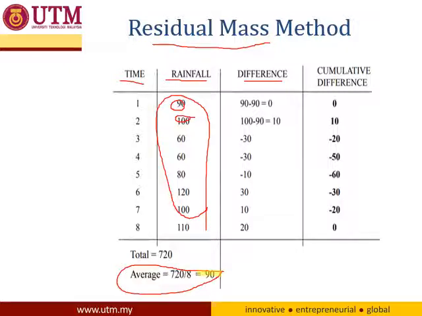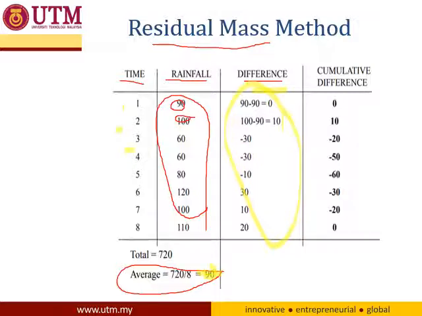This is the average of all the data. Next, you calculate the difference between each rainfall depth and the average. So here you get the difference at each time. You just minus 90. Then you get this difference.